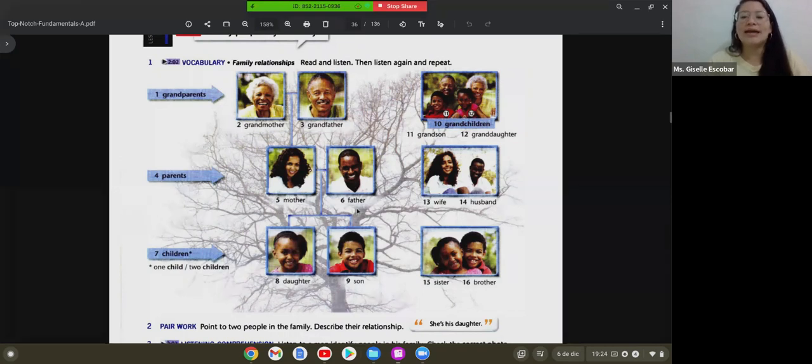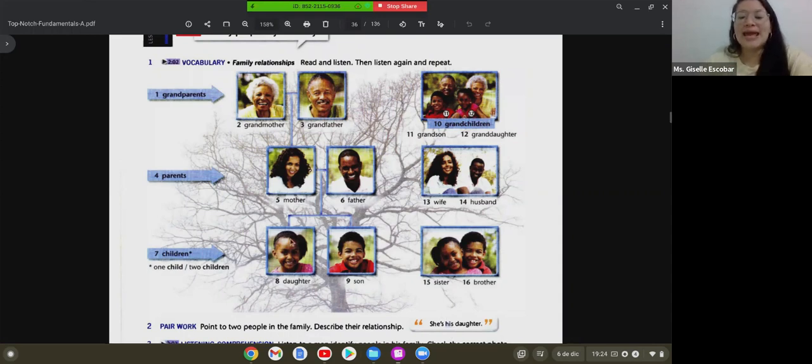Es su hija, his. Okay, we have to pay attention to los pronombres, okay? The possessive pronouns. ¿Recuerdan? Possessive pronouns. My, his, her.